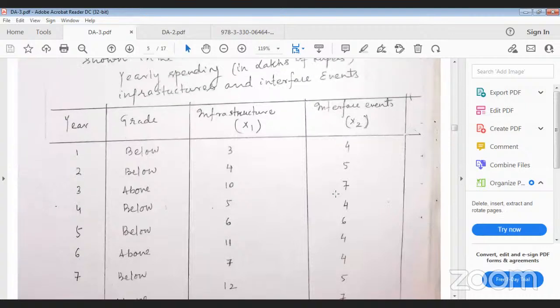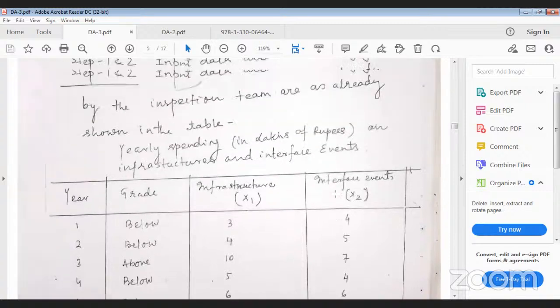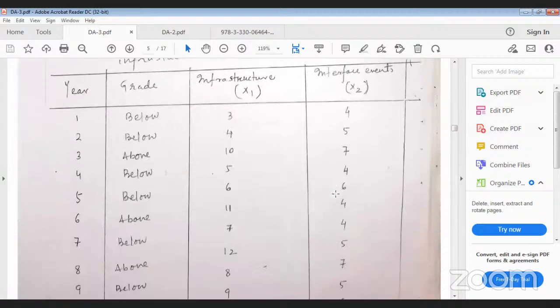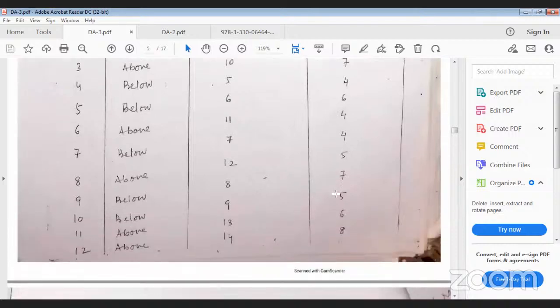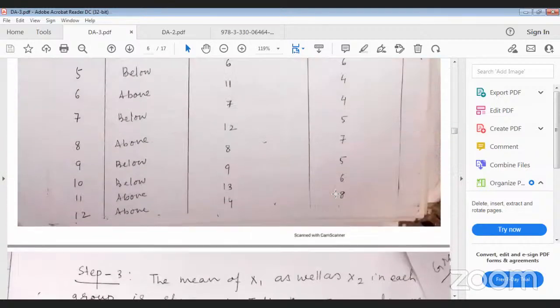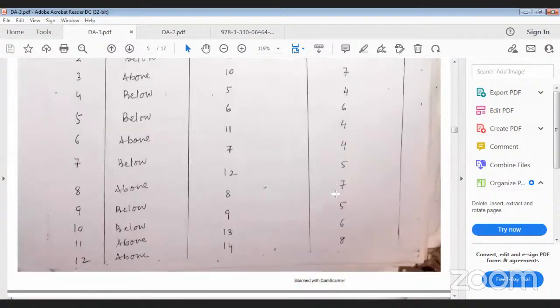B means below rating, and A means above, par with whatever they have fixed. So first write the 12 data points, whatever is written in the question. Then identify which is your below group and which is your above group. Clearly it is written here.